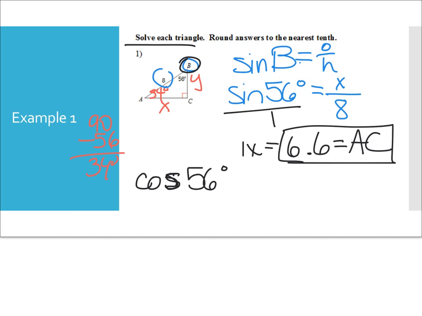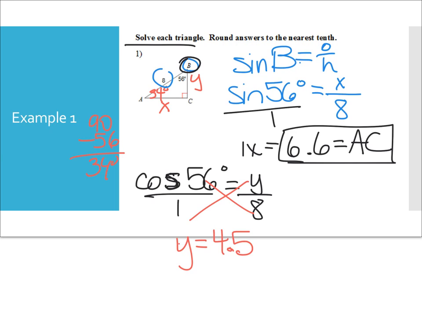Sitting at angle B, that would be adjacent over hypotenuse, so y over 8. If I do that as a quick proportion, 1y equals cosine of 56 times 8, I get 4.5 units, and I just found BC.